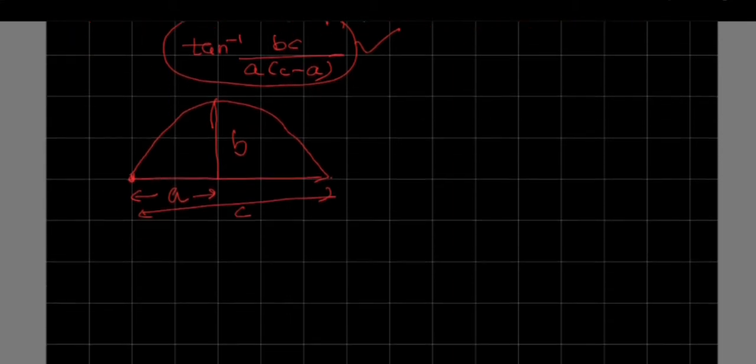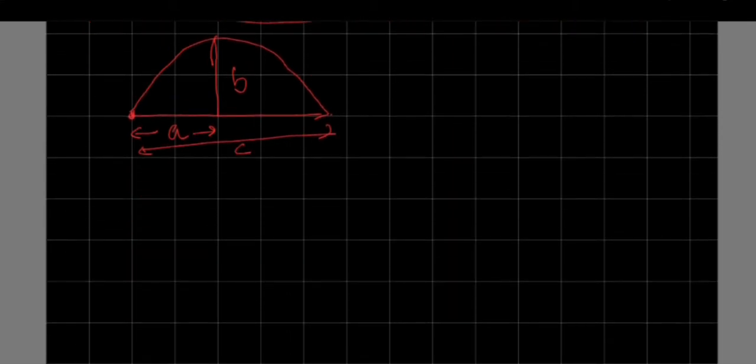So let's move on. Firstly, let me tell you about velocities and their resolution. Let's say there is a particle, it moves like this. Now if it is projected in this form, it has two types of velocities, one in the x direction and another in the y direction.